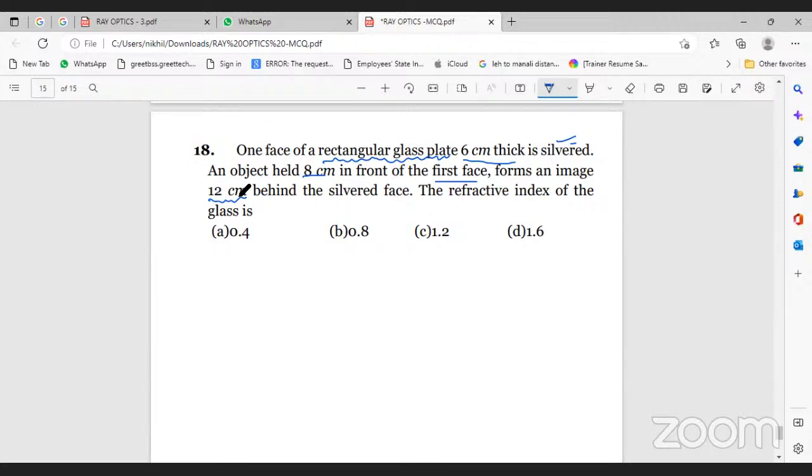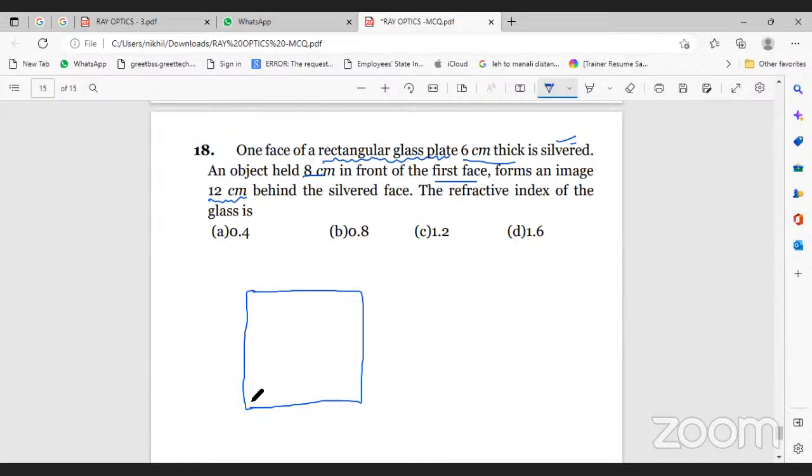So here you have to properly understand the diagram part. Let me write one rectangular glass plate. This is the rectangular glass plate.